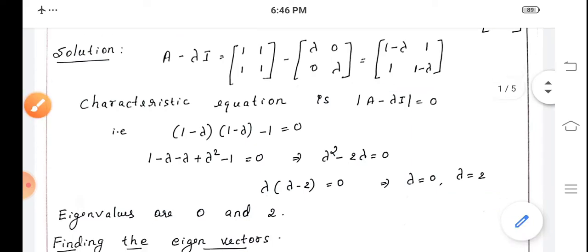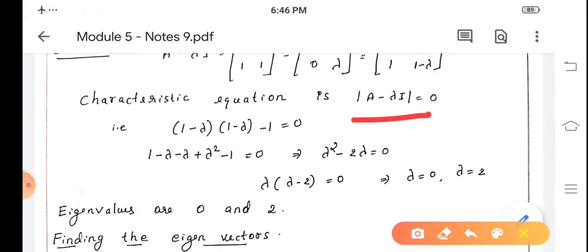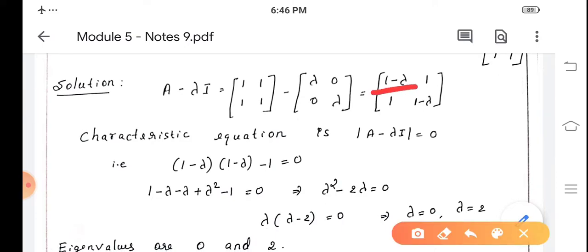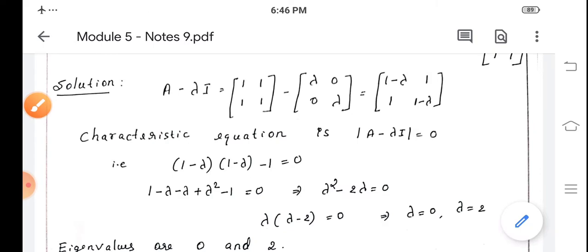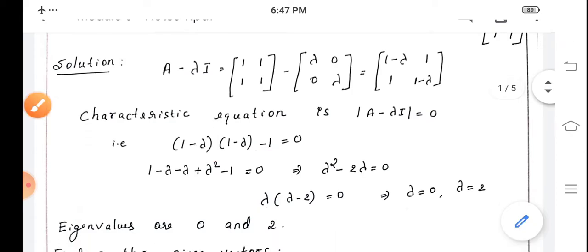Now the characteristic equation is determinant of A minus lambda I equal to 0. But determinant of A minus lambda I is (1 minus lambda) into (1 minus lambda) minus 1 into 1. So the characteristic equation is (1 minus lambda) into (1 minus lambda) minus 1 equal to 0.